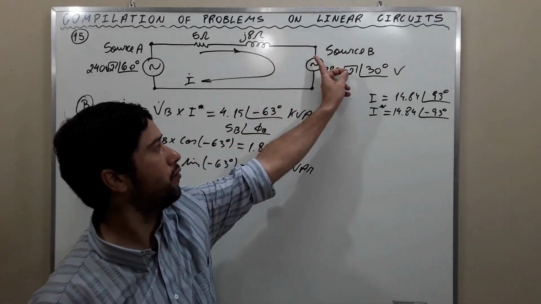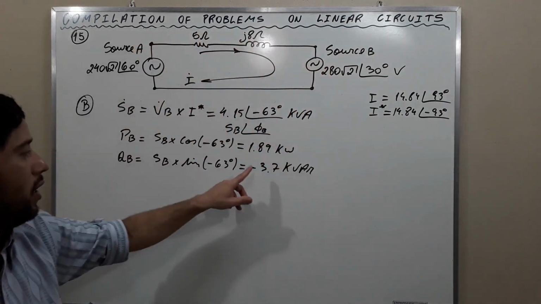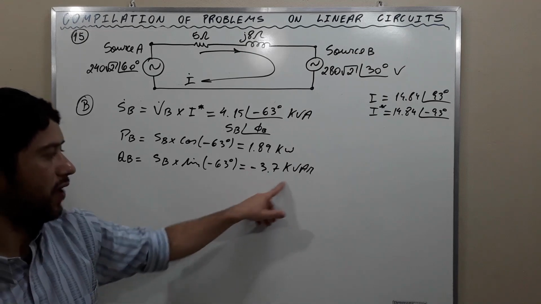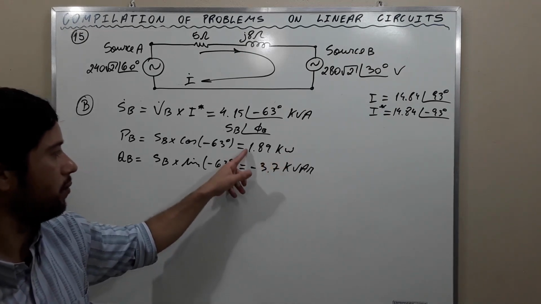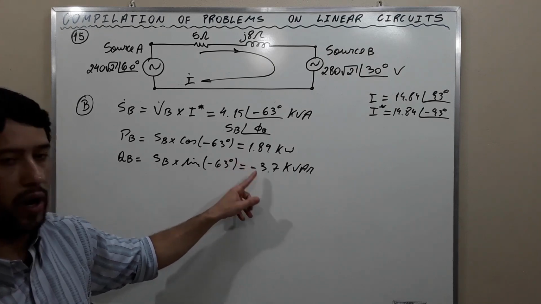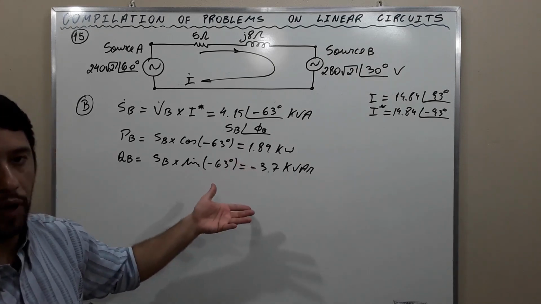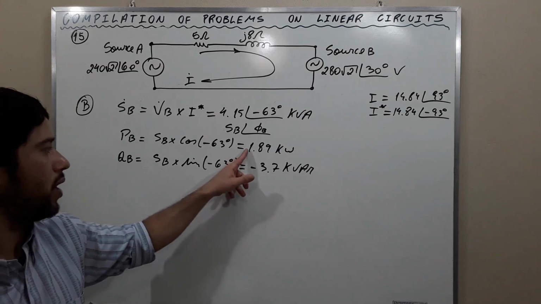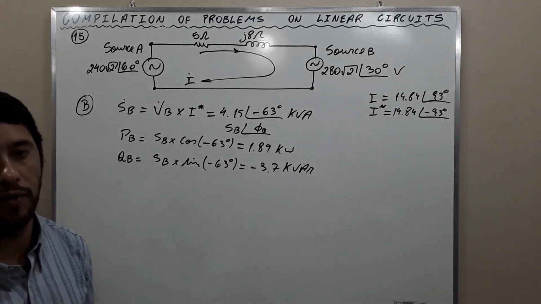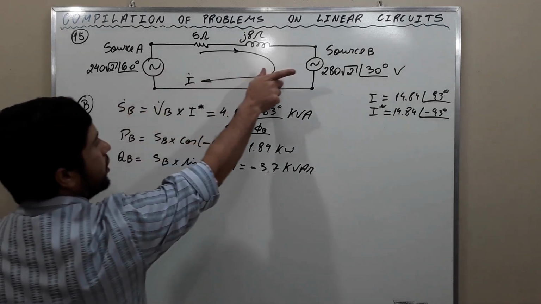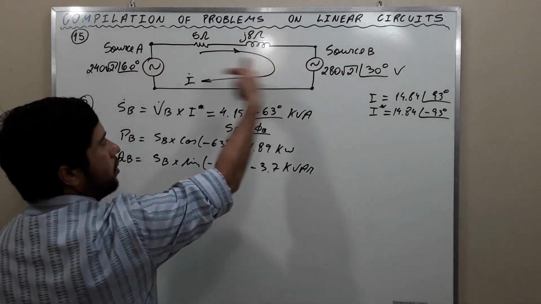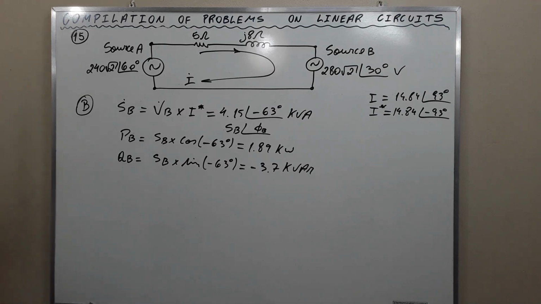When we take it from source B to source A, we find the same numbers, but where it is negative, a positive sign may appear, and where it is positive, a negative sign may appear, indicating the change of direction of the current that we've taken as reference.